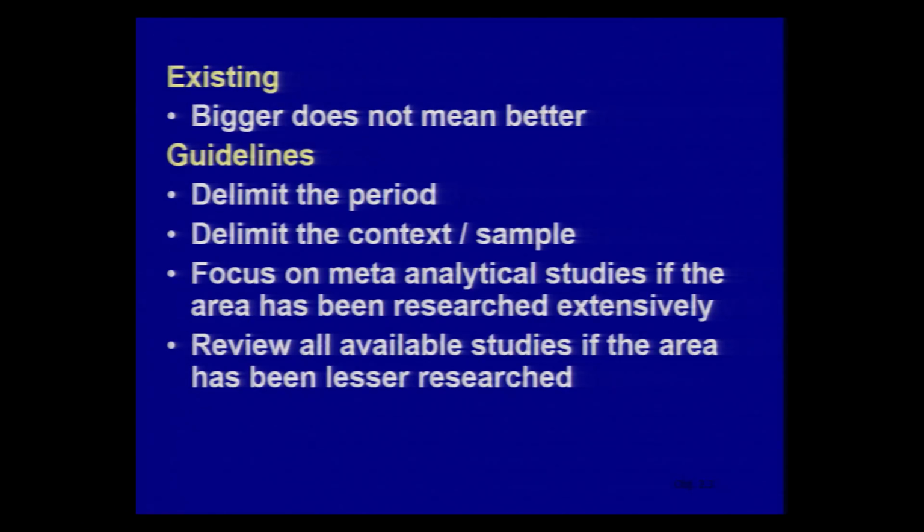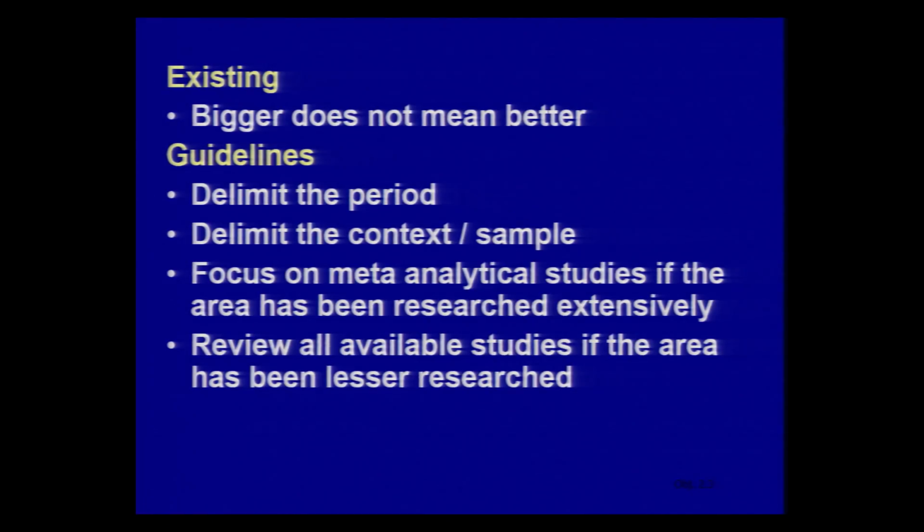You can delimit the context, that you will be restricting your study only to the sample from the colleges of education or technical institutions from the state of Haryana or Punjab or Delhi, or maybe you can say Tri-City, that is Chandigarh, Panchkula and Mohali.